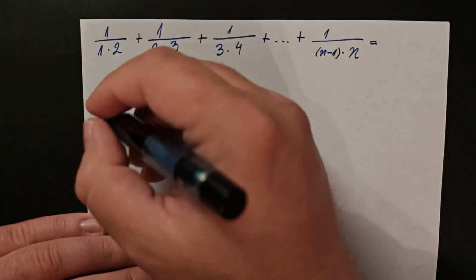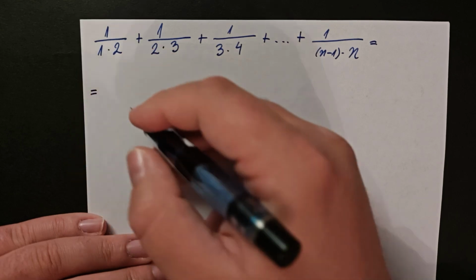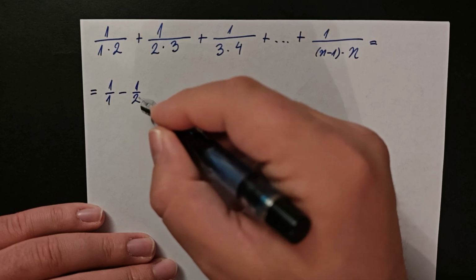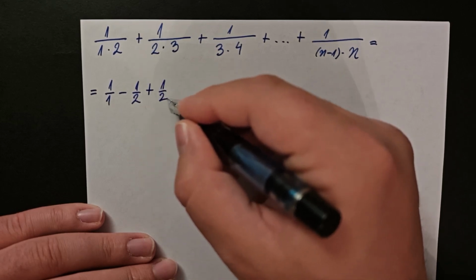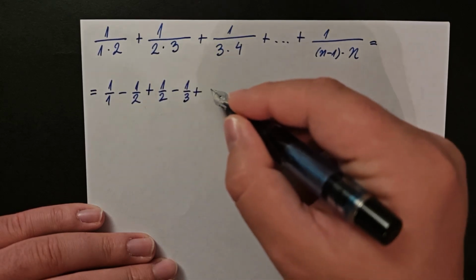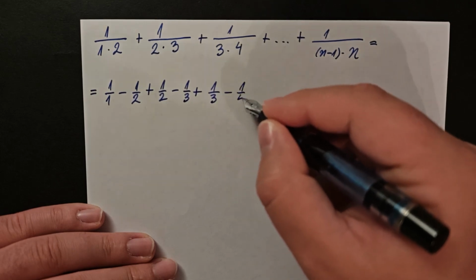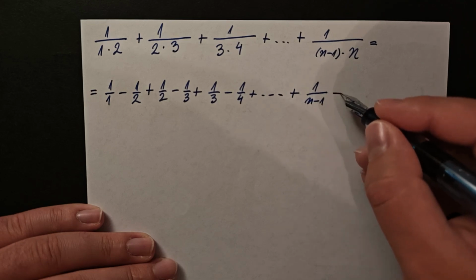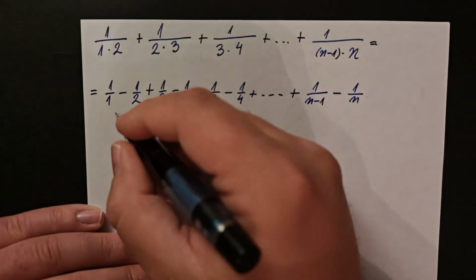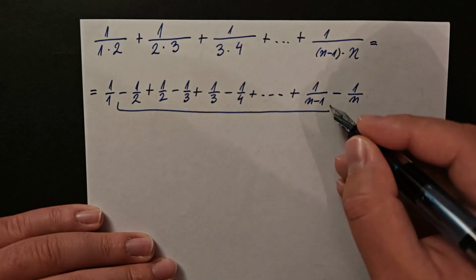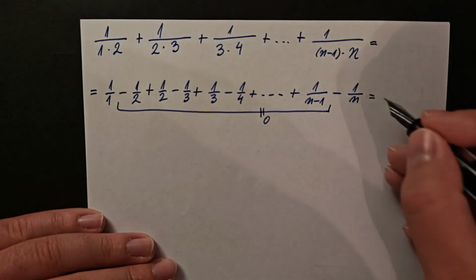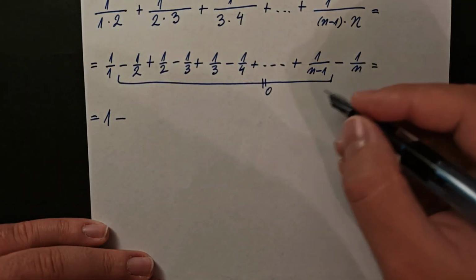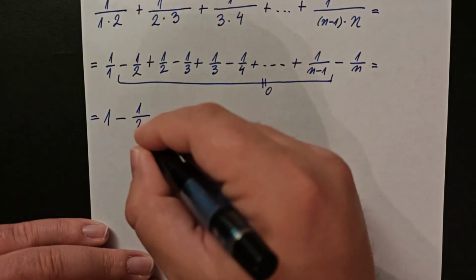Now we are going to use the same idea from before. So we have 1 over 1 minus 1 over 2, plus 1 over 2 minus 1 over 3, plus 1 over 3 minus 1 over 4, and so on, 1 over n minus 1 minus 1 over n. And again, everything is going to fall into 0 except this first term, which is 1, and the last term, which is minus 1 over n.